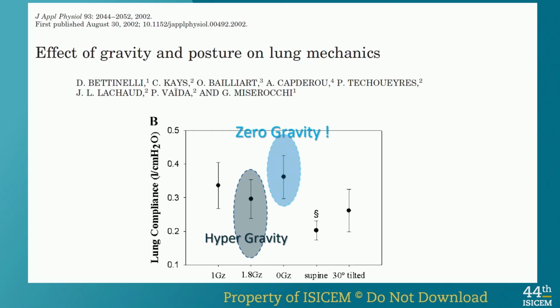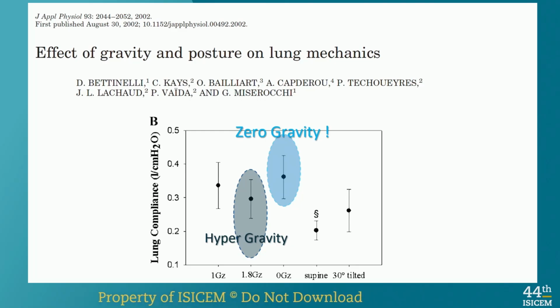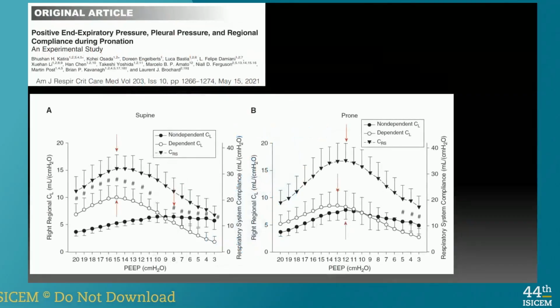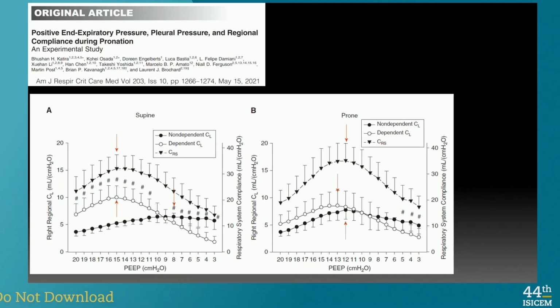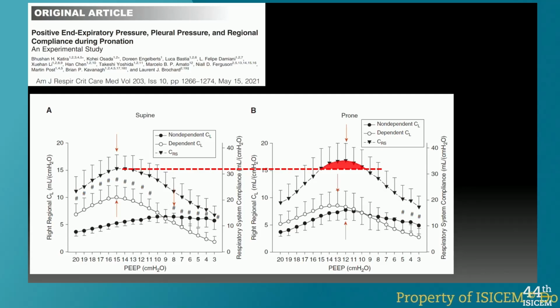So if prone is decreasing heterogeneity because of the dimensions, you have a better lung compliance. And this is proven in our animal study. This is supine, prone. As you can see, the peak of compliance at a PEEP level of 12 is higher in prone. So you can achieve better lung compliance in prone than in supine.